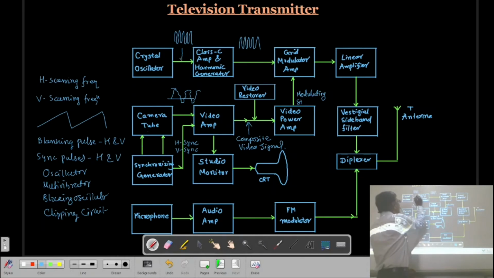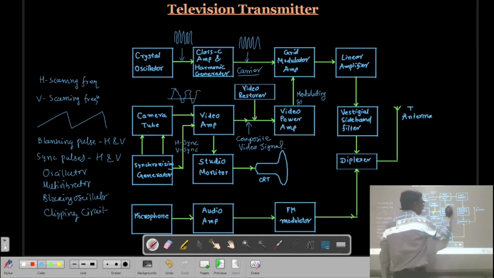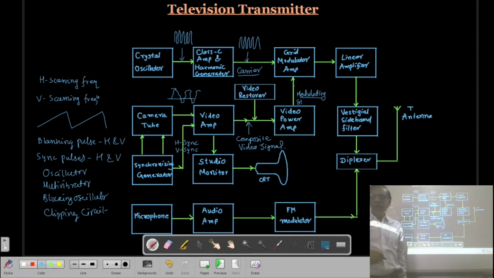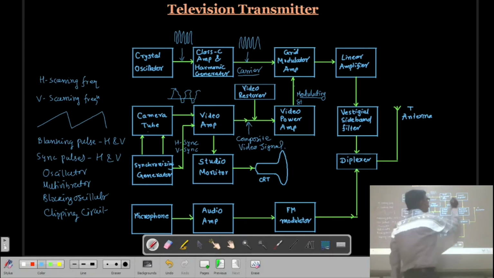So here we have this carrier frequency, here also we have this carrier frequency. Now this carrier frequency and this modulating signal are going to be modulated in a grid modulator, and it generates an amplitude modulated wave.